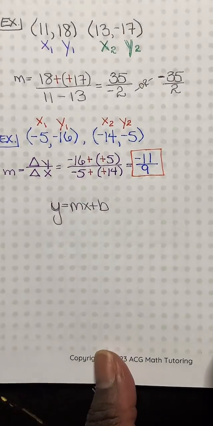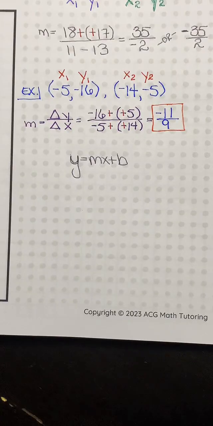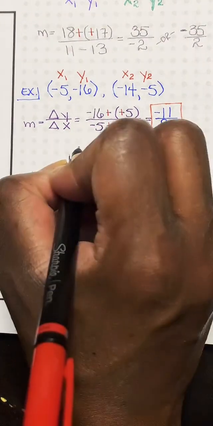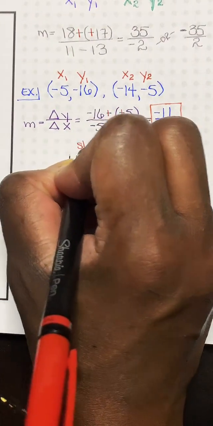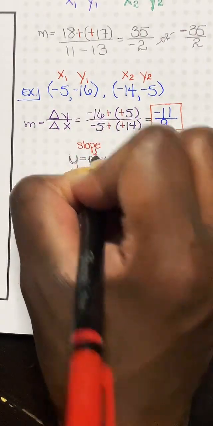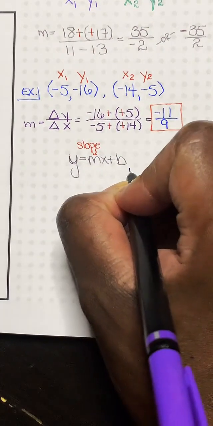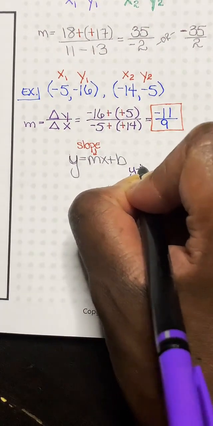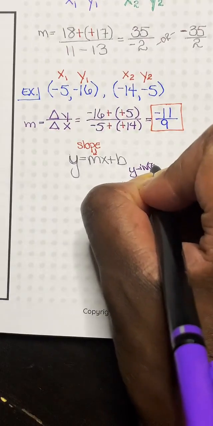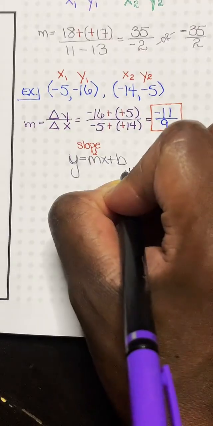This is what's called slope-intercept form. The reason they call it slope-intercept form is because you need those 2 things: your slope, which is your m, as well as what's called the y-intercept, which is represented by b.